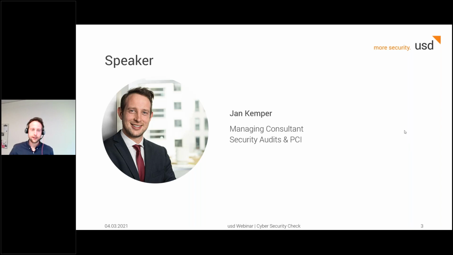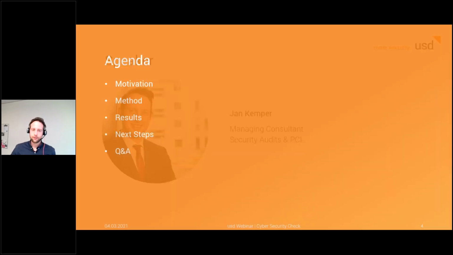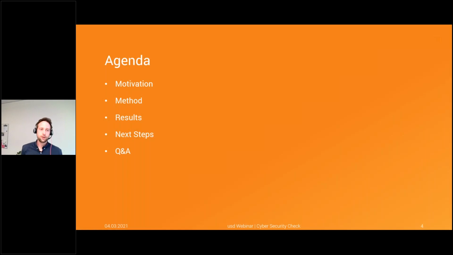So let's see what the topics are for today. We obviously want to get started with a little bit of motivation, what we try to achieve, where we can help. Then we really want to see how we should do a cybersecurity check, or how we think we can do it and how we did it in the past.